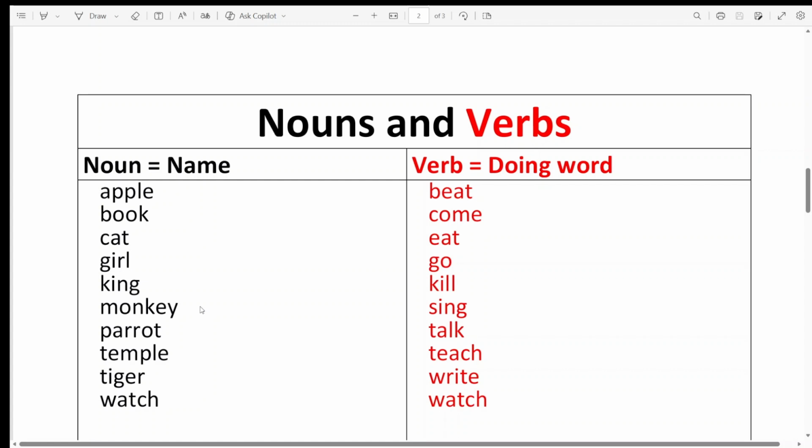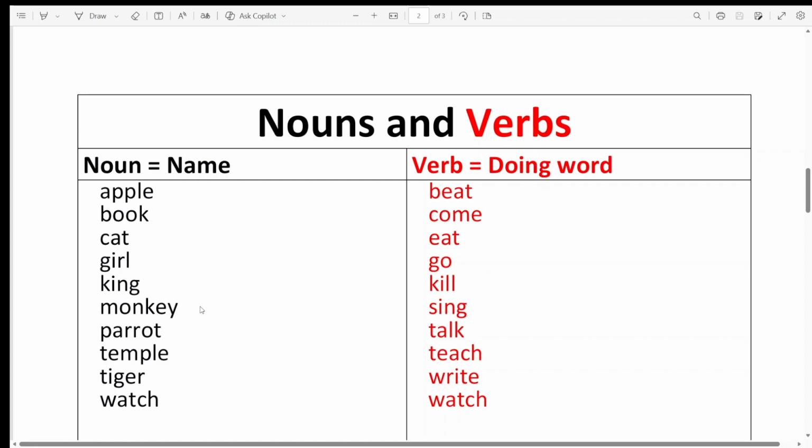Let you simply know that we can add ing to verbs like beat, beating, come, coming, eat, eating, go, going. But we can't add ing to nouns like apple, appling, no. Book, booking, cat, catting, girl, girling, king, kinging. We don't say that, unless they really come as nouns.